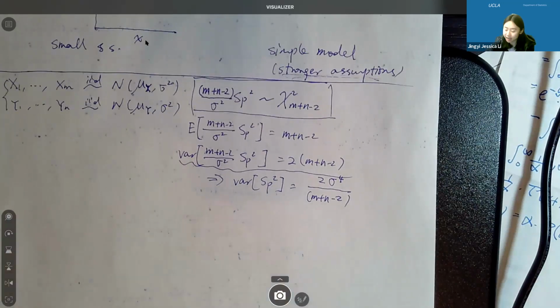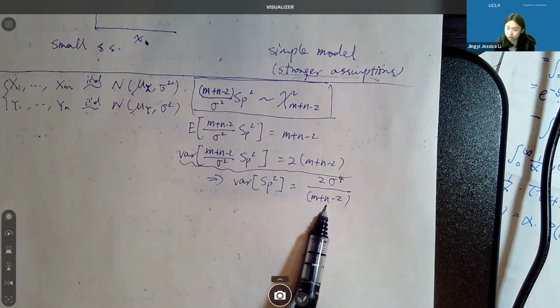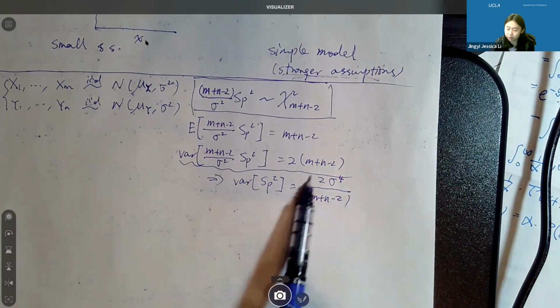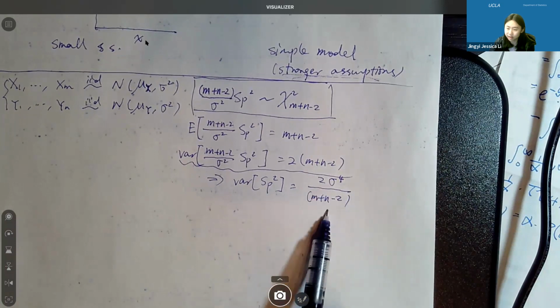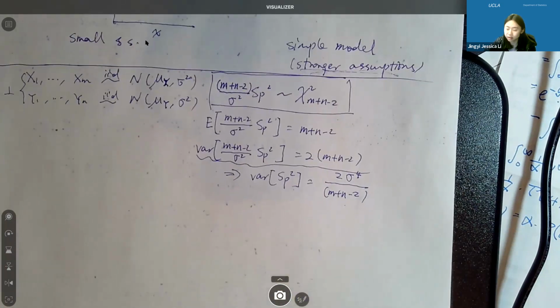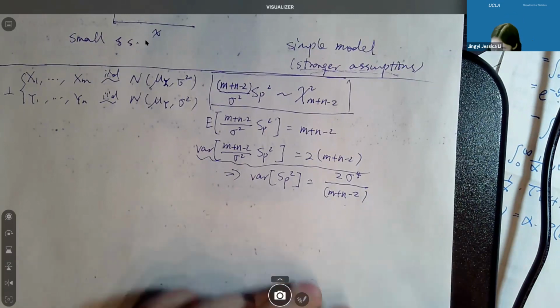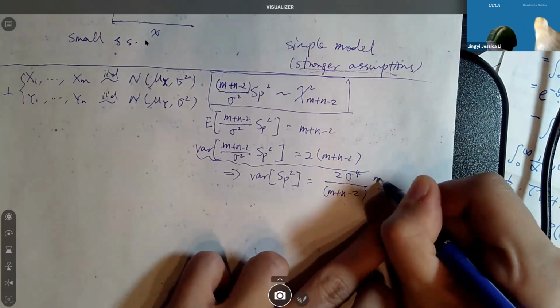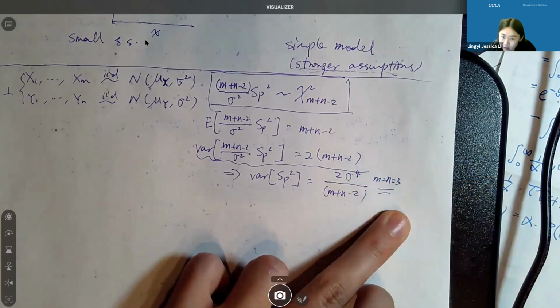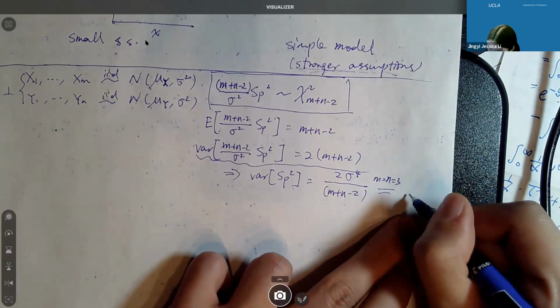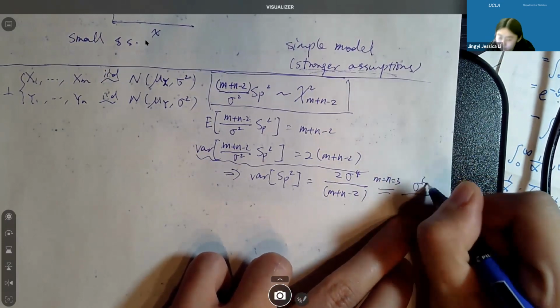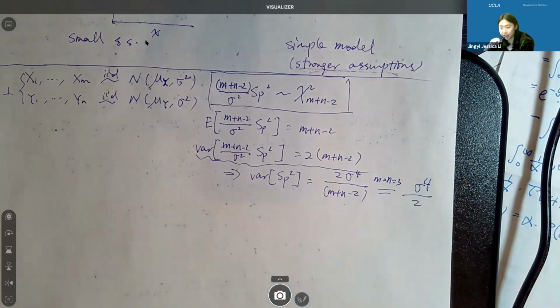You can see that it's inversely proportional to the sample size. The larger the sample size, the smaller the variance. The smaller the sample size, the larger the variance. So that's why when m plus n is only equal to 6, with n equals 3, that's the common scenario. And if the population variance is big, this can be very big.